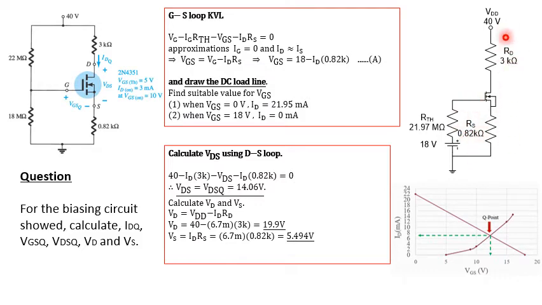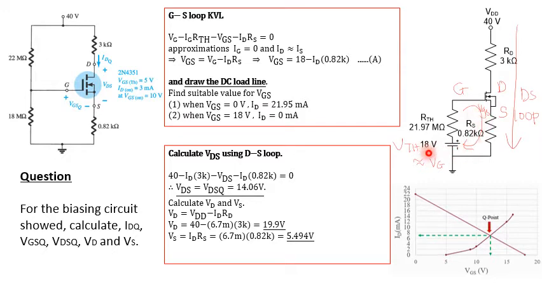Don't forget to include the VGS. This one is the VTH, which is equivalent to the VG. Alright, so now we analyze the GS loop.